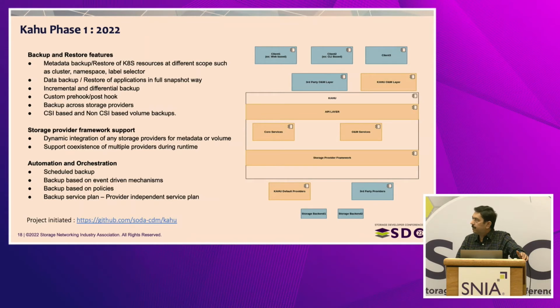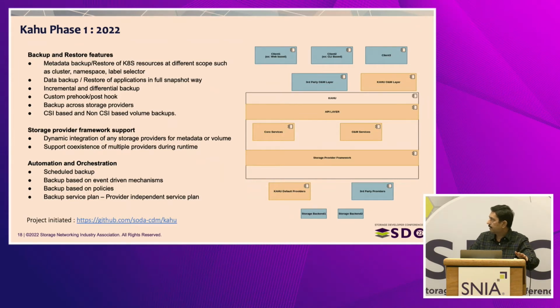Back up your application, which is application metadata, and back up your data itself. So data backup and restore, and application backup and restore all together, and as much as you can do with CSI. The interesting features there are, apart from scheduled backup, you can do backup based on event-driven characteristics or requirements, and based on policies.